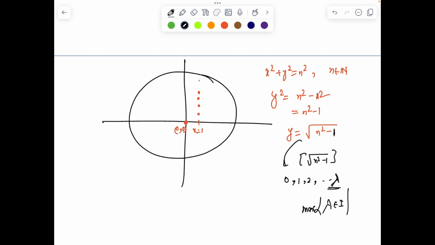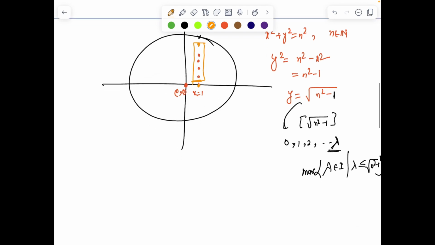The maximum value of lambda will be less than or equal to root over n square minus 1, so it will go up to the greatest integer of root n square minus 1. If n square minus 1 is a perfect square, then I'll get a point on the boundary. If it is not a perfect square, then automatically it will count all the points, strictly above the x-axis. And if you want, you can include the x-axis point as well.